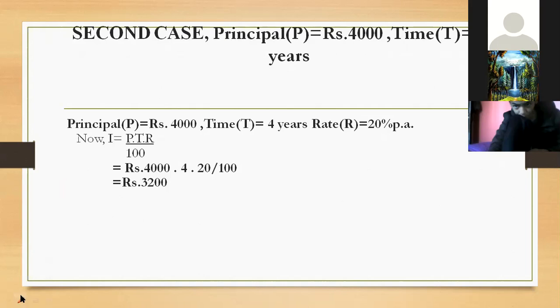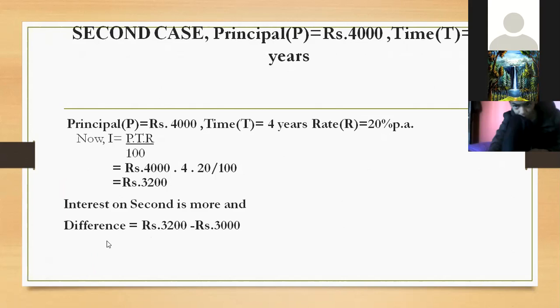Very good. Then did you find the difference? Interest in the second case is more, and the difference is 3,200 minus 3,000 equals rupees 200. Very good, correct solution.